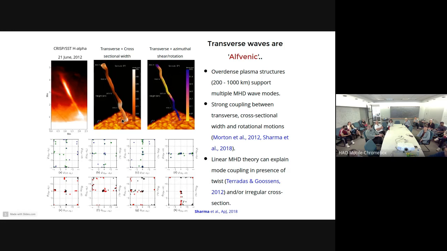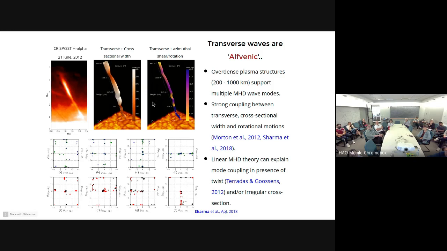For different heights and over time, we tried to disentangle the different kinematic modes present there. We got the transverse oscillations, the cross-section width variation, and also the rotational component. And then we merged all these different kinematic parameters together for visualization.